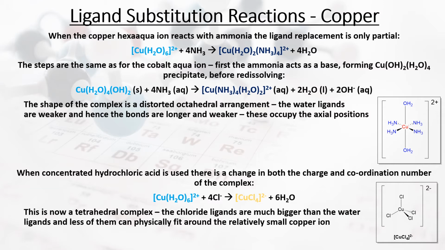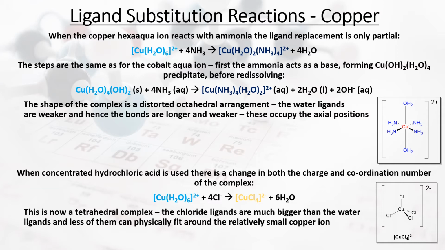Now, the steps are the same as the cobalt aqua ion. First, the ammonia acts as a base. It forms the actual precipitate of the copper hydroxide, so Cu(OH)2(H2O)4. So it forms that blue precipitate before it then redissolves. And essentially, the copper hexaaqua ion is a pale blue colour.